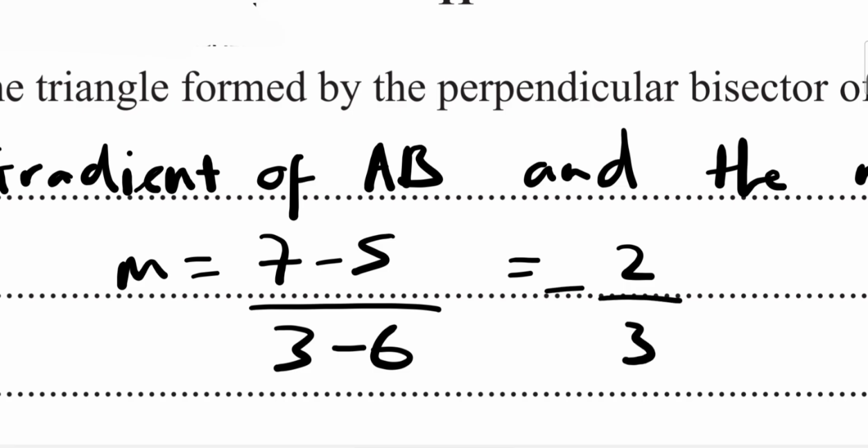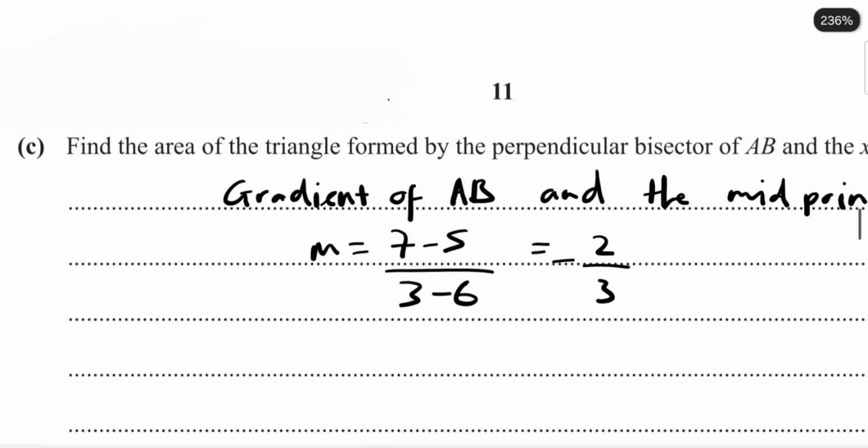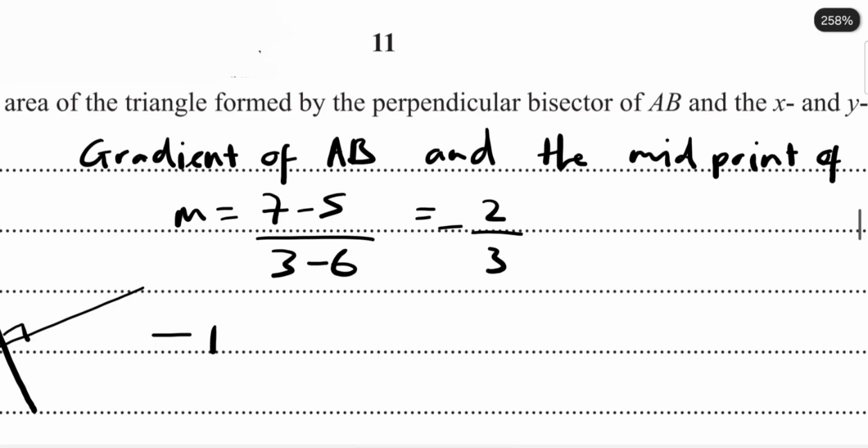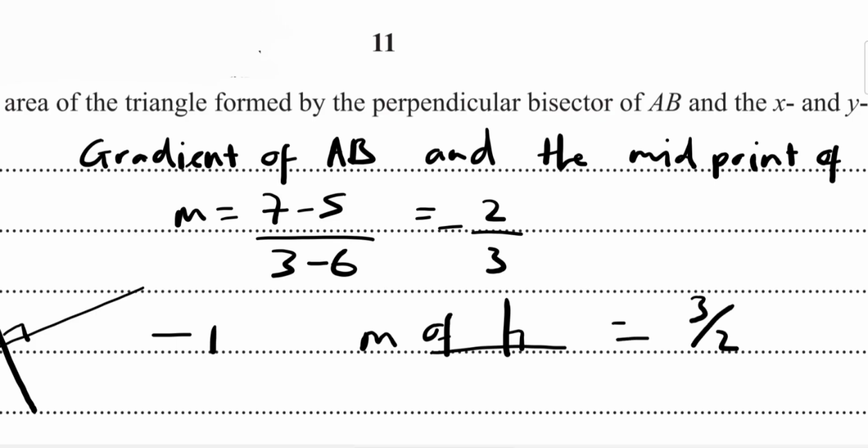So it's minus 2/3. And we know that the gradient of a line multiplied by the gradient of its perpendicular bisector gives us minus 1, right? And that tells us that the gradient of the perpendicular bisector is 3 over 2. So if we say 3 over 2 times minus 2 over 3, we get minus 1, right?